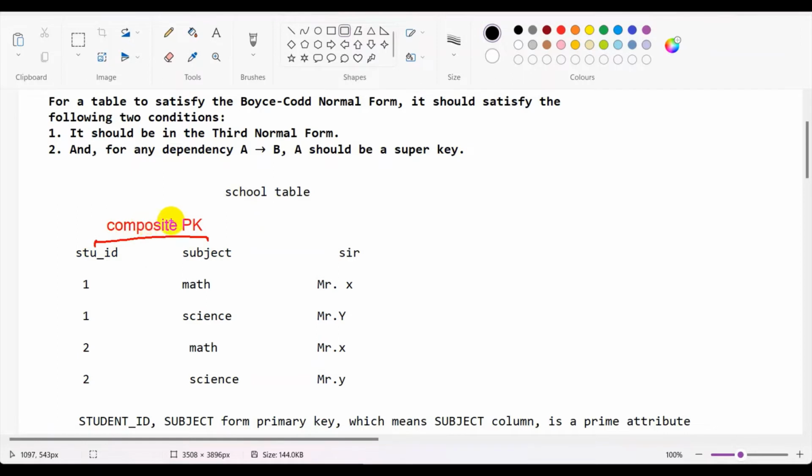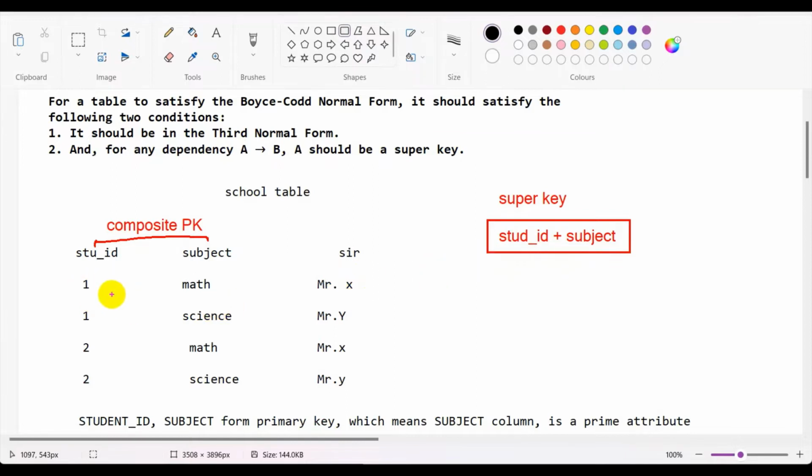The super key is the combination of these two columns, that is student ID plus subject, because by this combination of columns we can uniquely identify the row in the table.